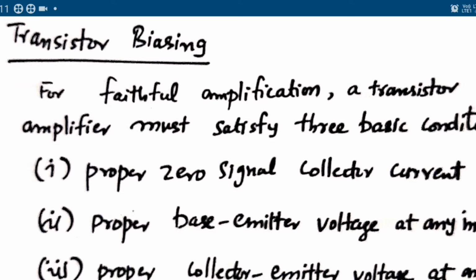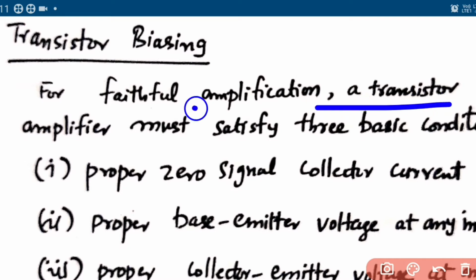The transistor biasing, an important concept of transistor circuits, the transistor biasing for faithful amplification of a signal. Basically, a transistor is used for amplification of the signal. Okay, for faithful amplification, we will see what is meant by faithful amplification.